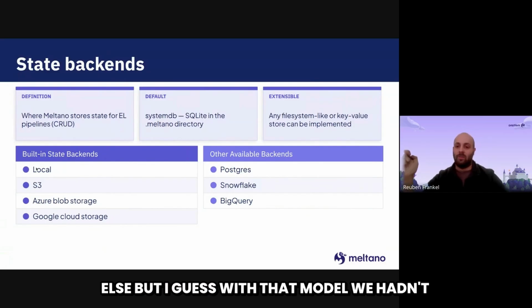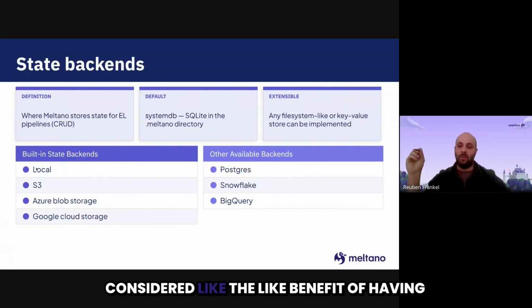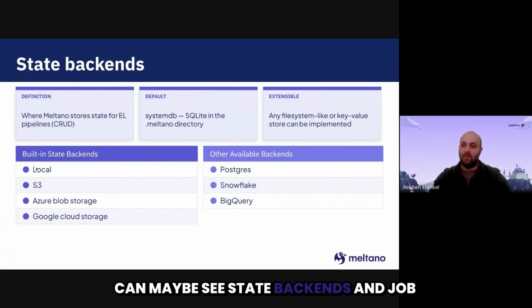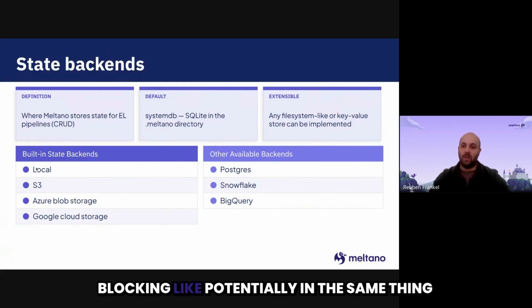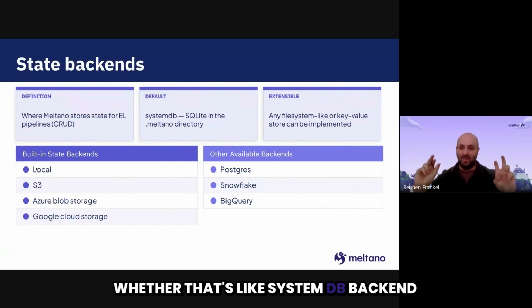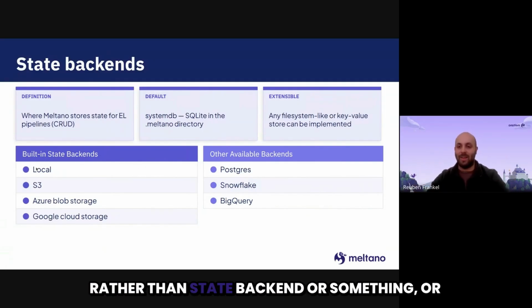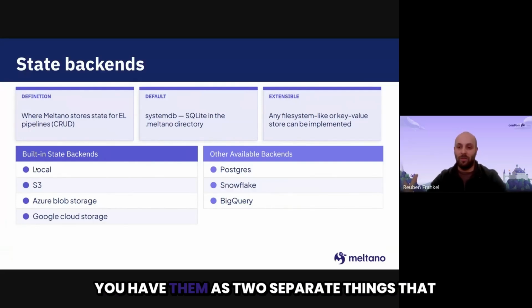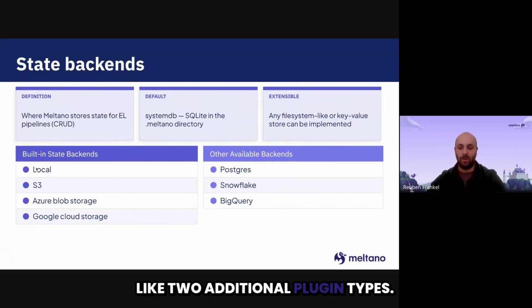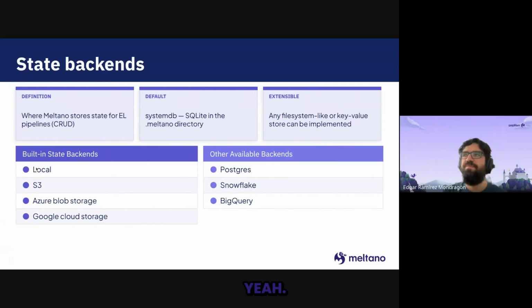But with that model, we hadn't considered the benefit of having the job blocking decentralized also. I can maybe see state backends and job blocking in the same thing, whether that's a system DB backend rather than a state backend, or you have them as two separate plugin types.